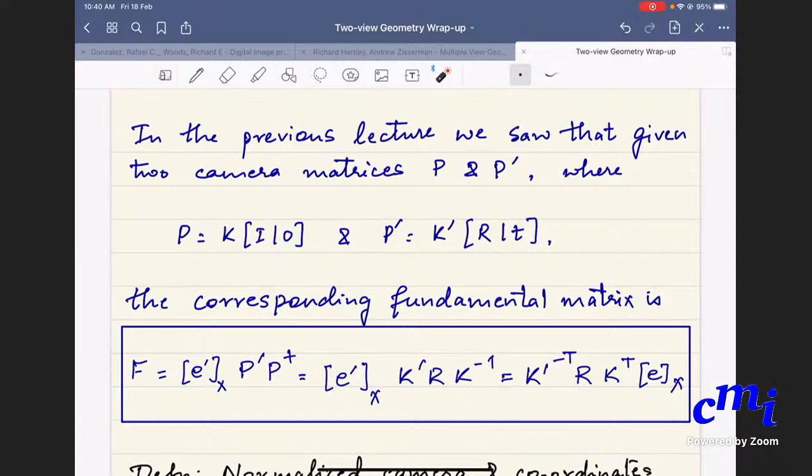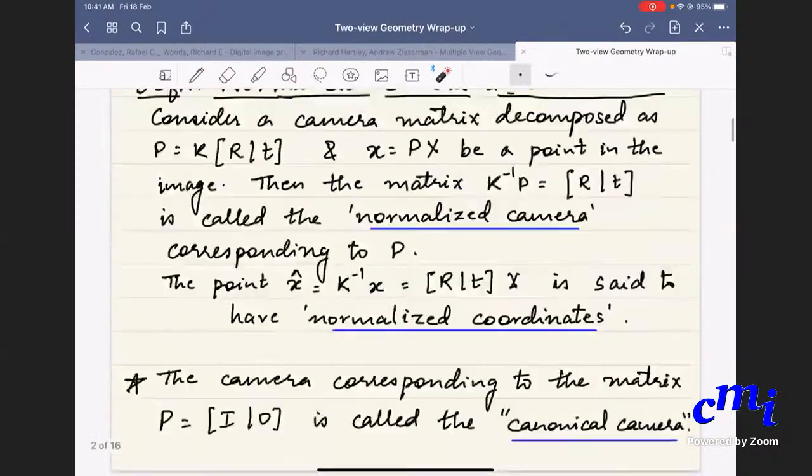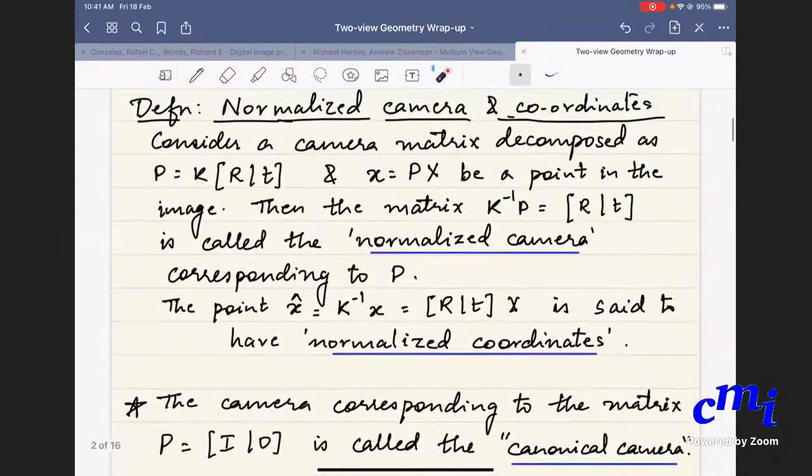Or if you take K prime inverse P prime, you will be left with only R and T. In that sense, you talk purely about the position of the camera in the world coordinates, ignoring the intrinsic parameters. That's called a normalized camera.